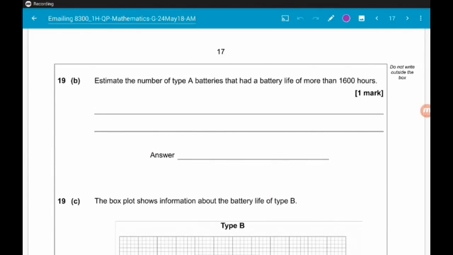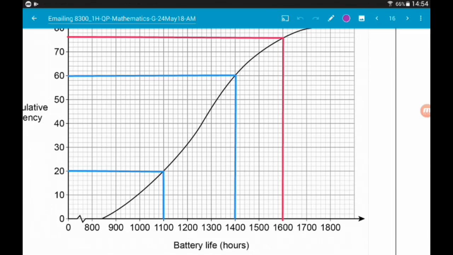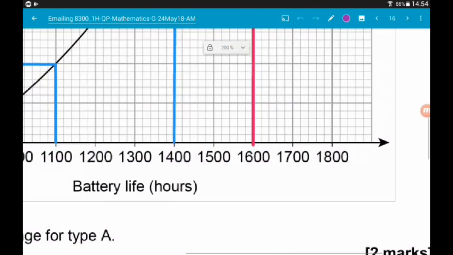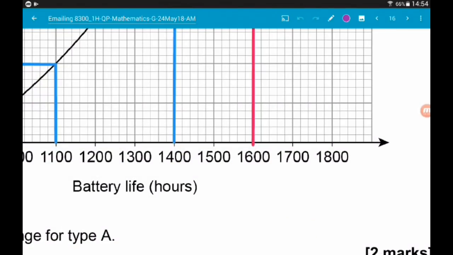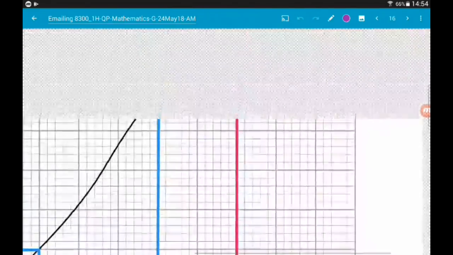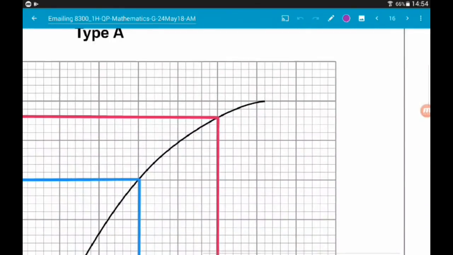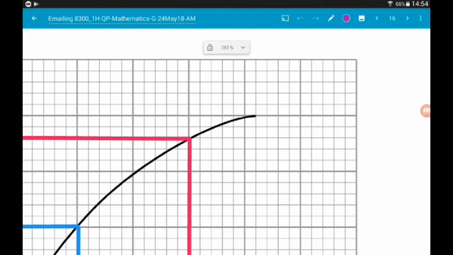And part B wants us to estimate the number of type A batteries that had a battery life of more than 1600 hours. So this time we start on the x-axis at 1600, go up until we hit the curve, and the batteries with more than 1600 hours battery life are these chaps here.